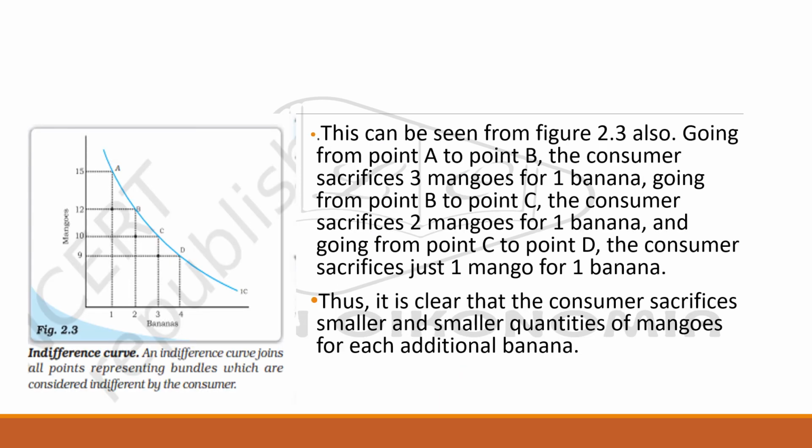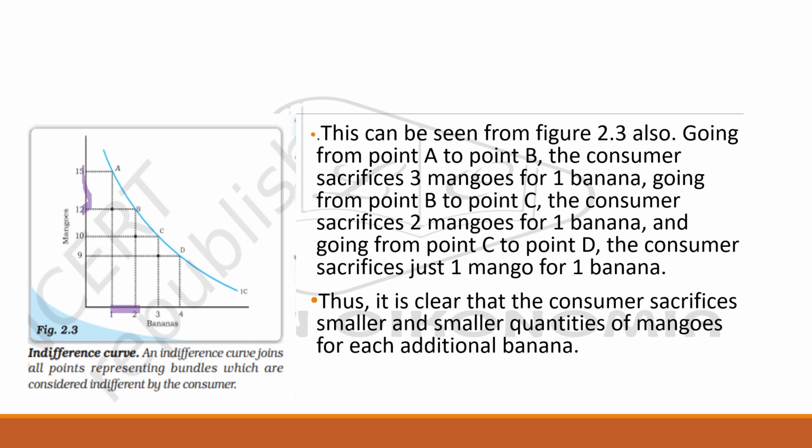So here let's see the figure again. If you go from point A to point B, again I'm saying the consumer sacrifices 3 mangoes. From here it was 15 and here it is 12, so the difference here is 3. And what is the difference here? Here the difference is 1 banana.